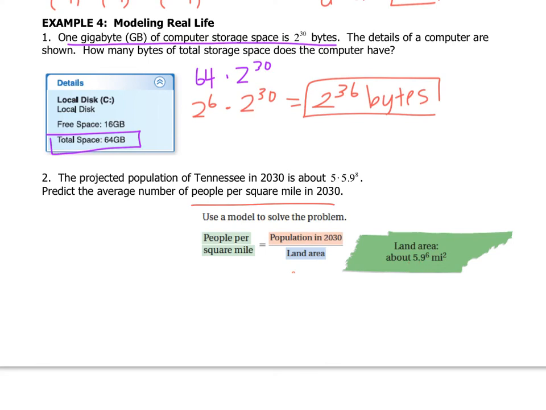So if I set up my ratio, the population in 2030 is 5 times 5.9 to the 8th divided by 5.9 to the 6th. So let's divide this, and the way that we divide it is by subtracting the exponents because it has the same base. So it's 5 times 5.9 squared.